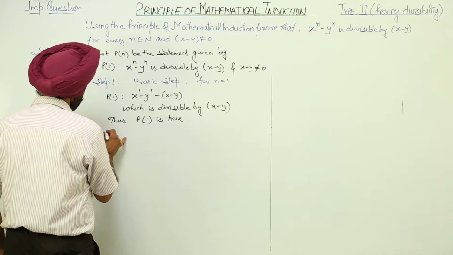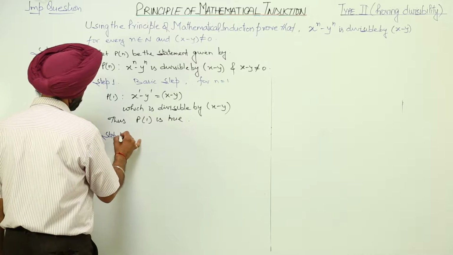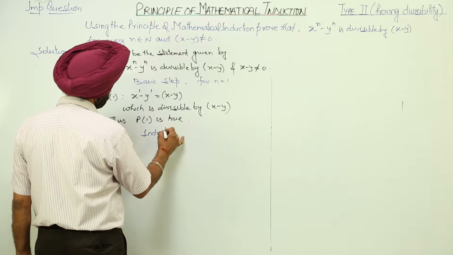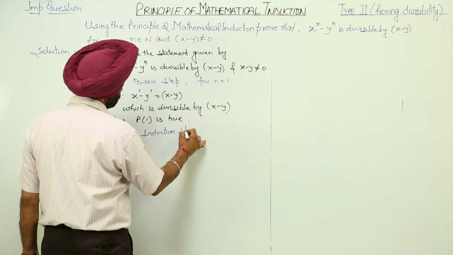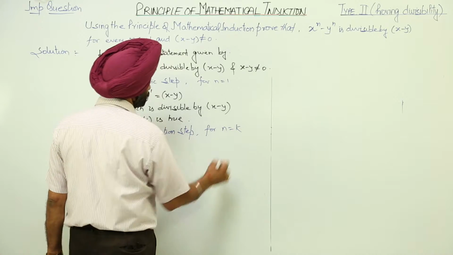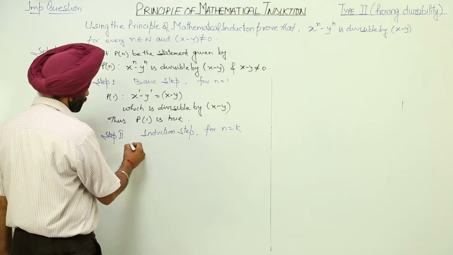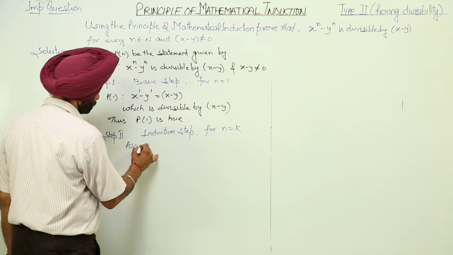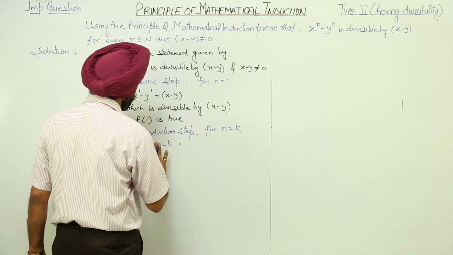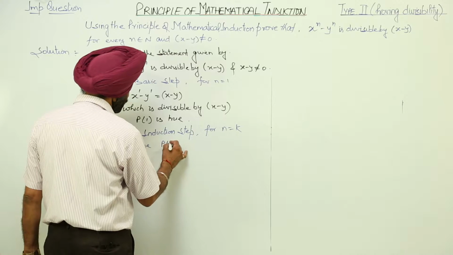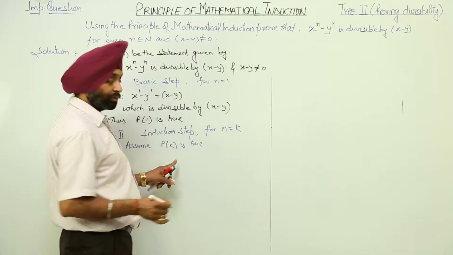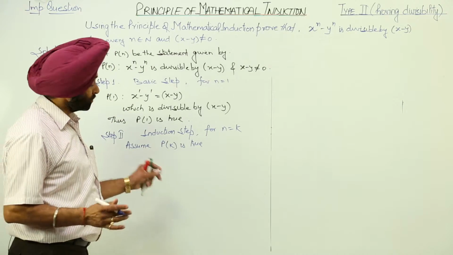Step 2, the induction step. Now it is for n is equal to k. Is it clear? Now assume Pk is true, or whatever I was writing, assume n is equal to k is true, one and the same thing.